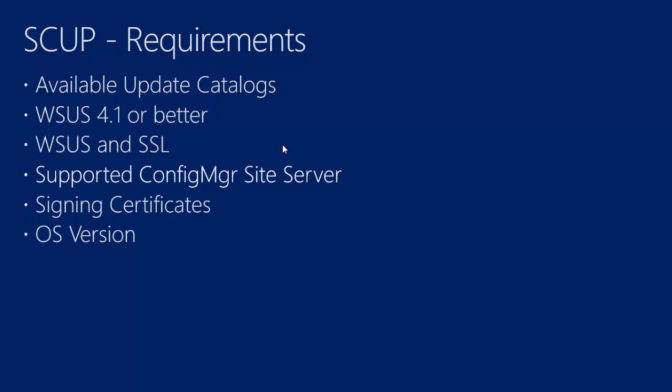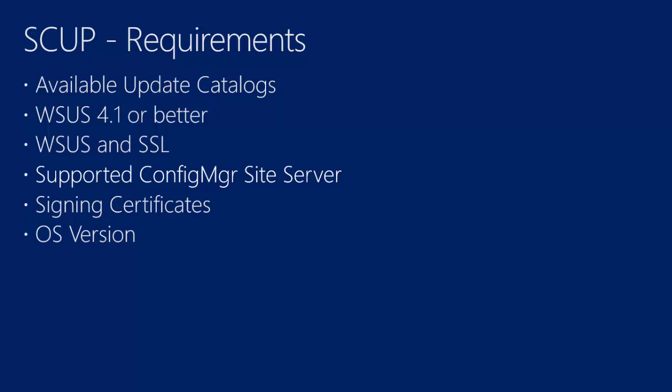This one's interesting because if you do have a remote installation of SCUP, in order for SCUP to be able to publish its content into WSUS, the WSUS APIs require that that instance of SCUP be running on the same version of OS as WSUS.